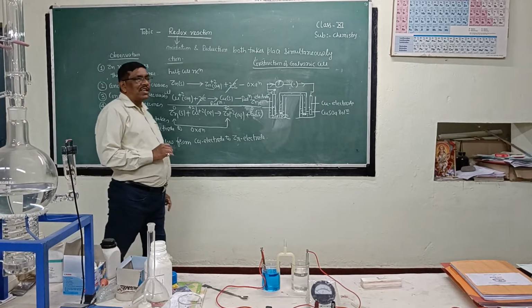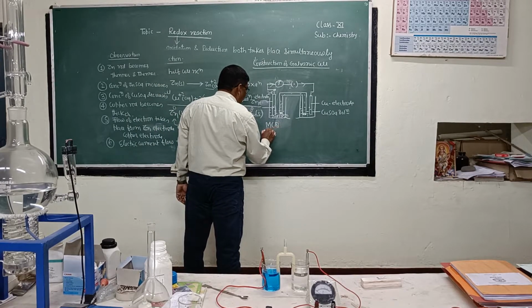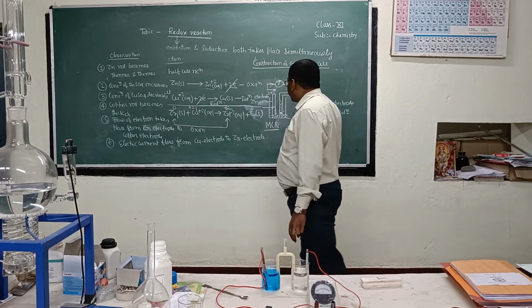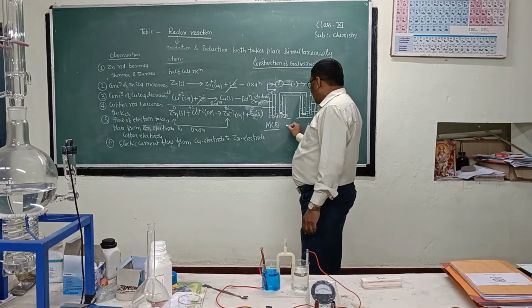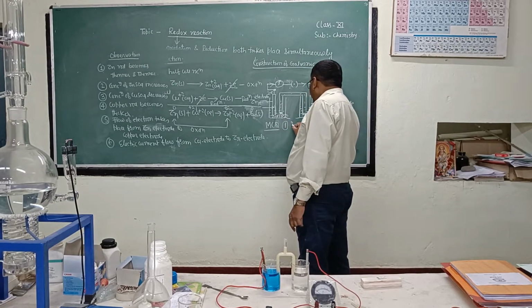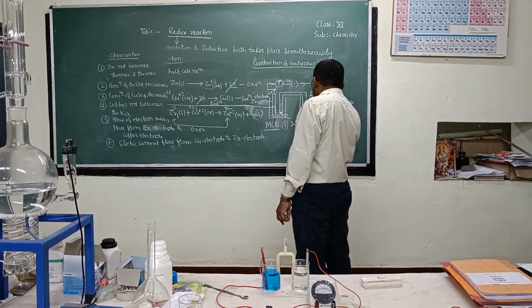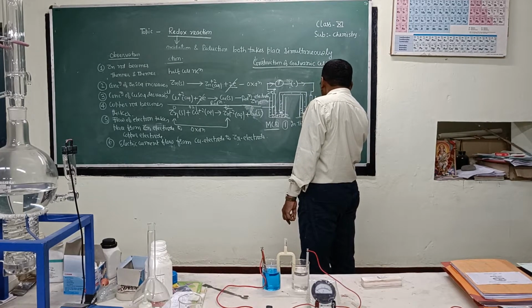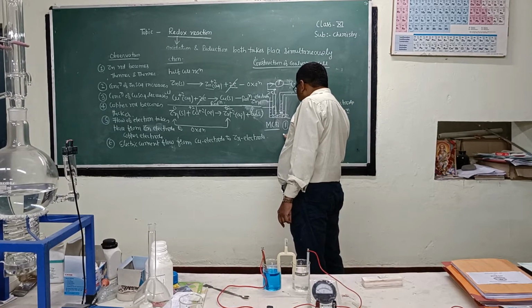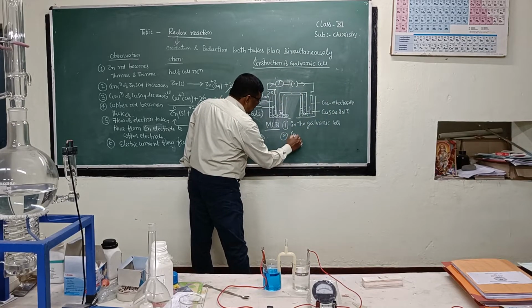Now let us see MCQ type questions. In the galvanic cell, the first option: the copper rod becomes thinner and thinner.